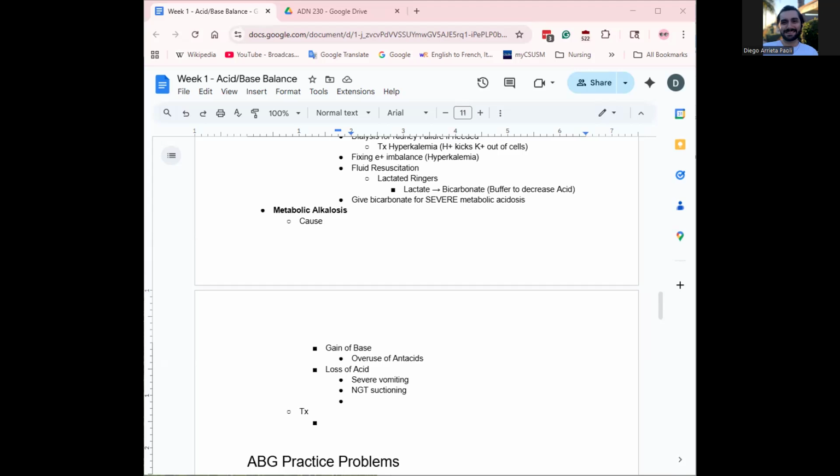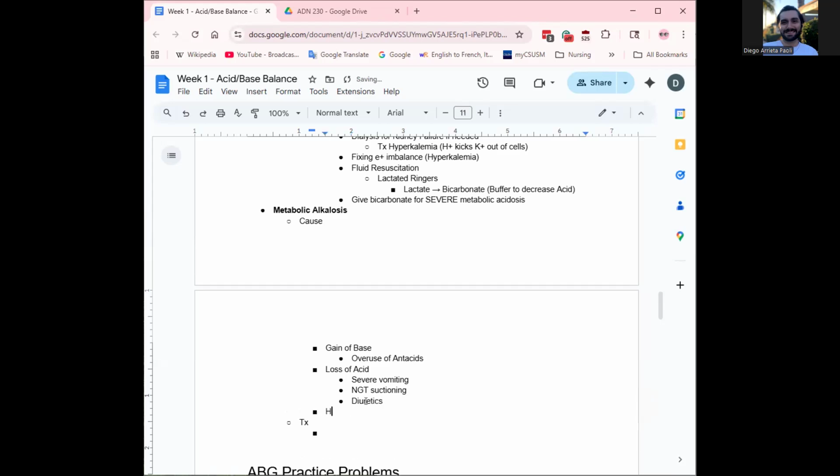Yeah, so the hypokalemia is kind of a both ways thing. Hypokalemia can lead to metabolic alkalosis, or metabolic alkalosis can lead to hypokalemia. So it's an interesting case there. I'll include it as a separate little thing, but I'll include diuretics as well.